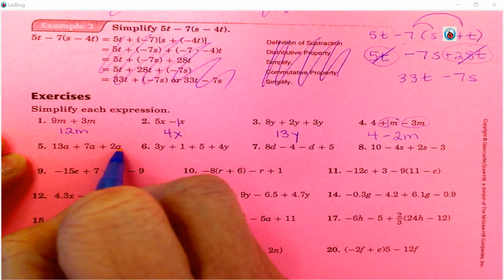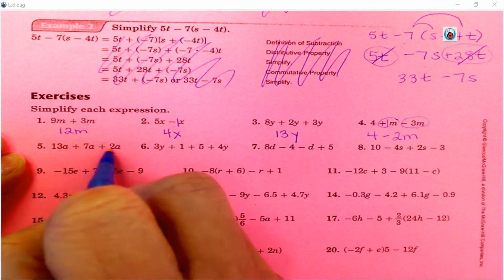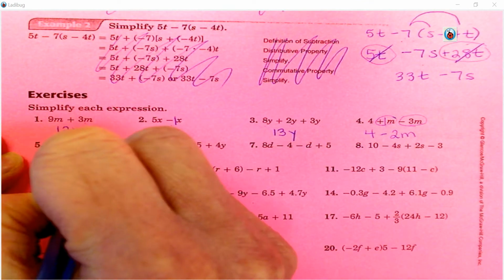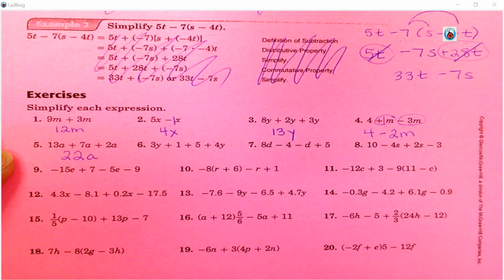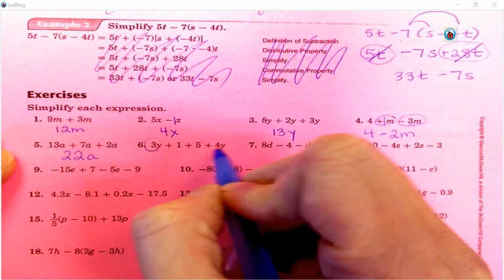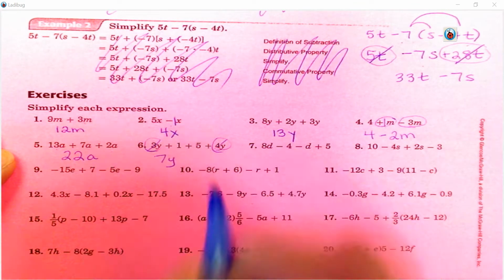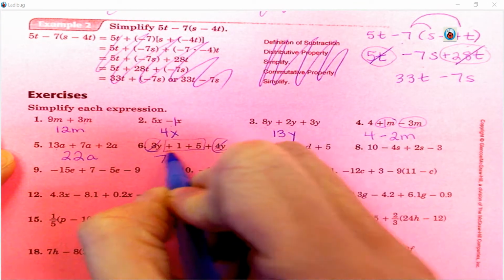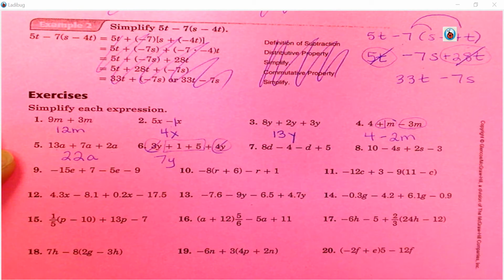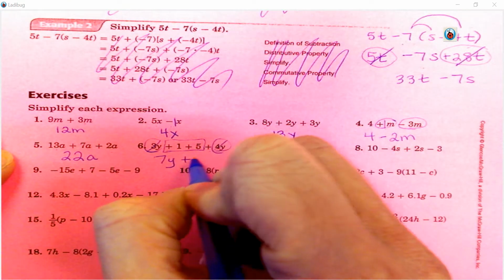So these are all three like terms. 13 plus 7 plus 2 is 22, so I say 22a. 3y and 4y are like terms, so 3y plus 4y is 7y. And then 1 and 5 are both constants. I can add those together. 1 plus 5 is 6.